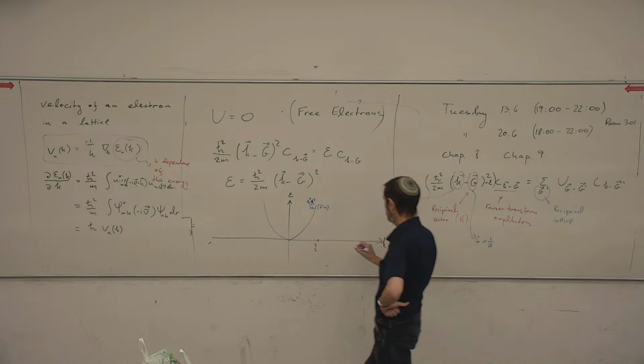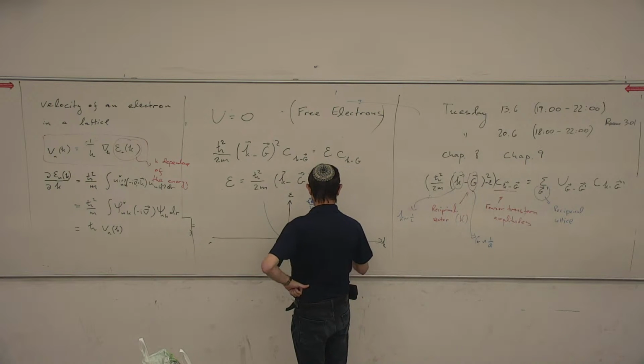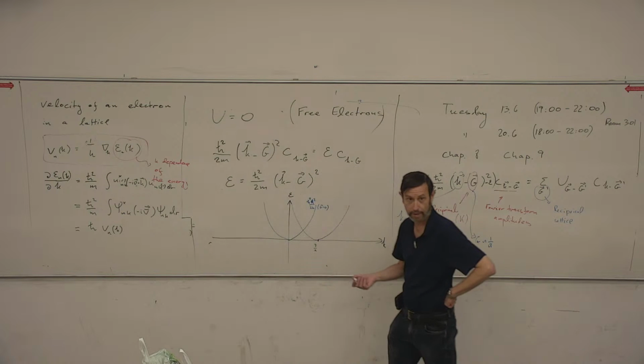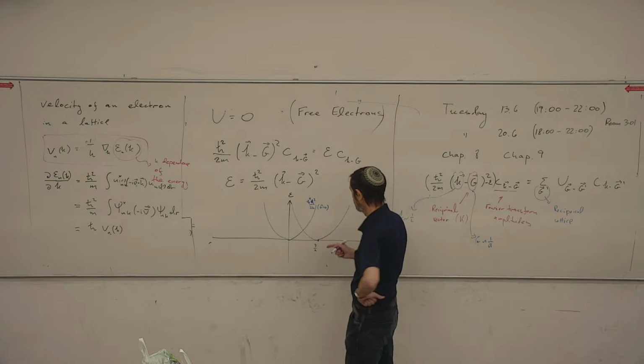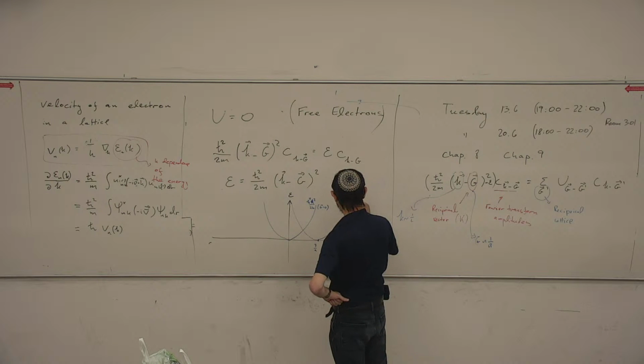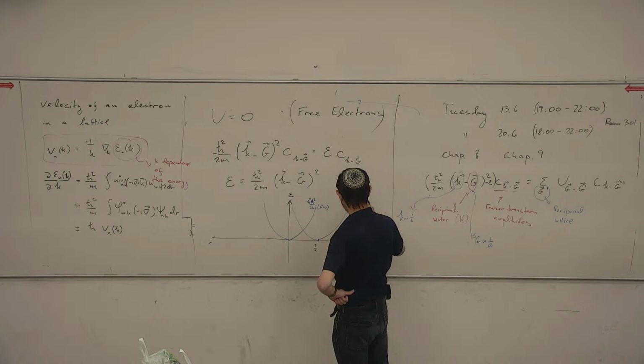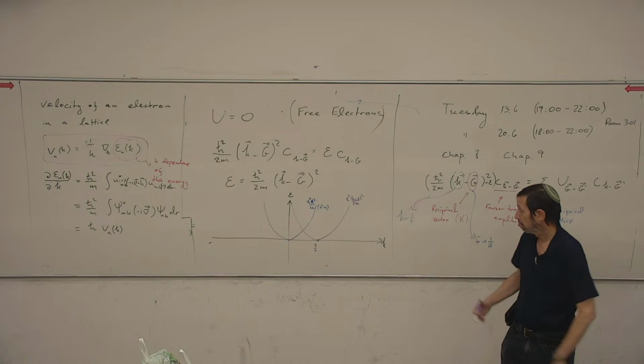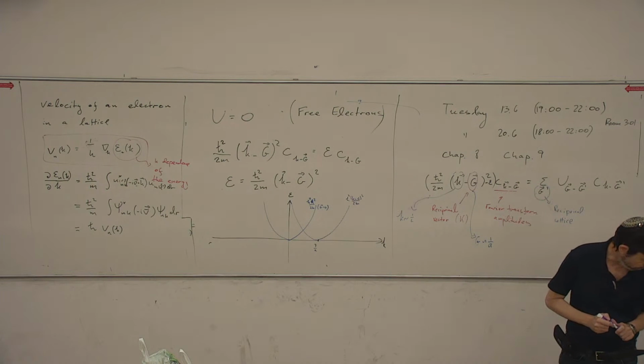This guy will still be a parabola, but a parabola with k could have such a solution.